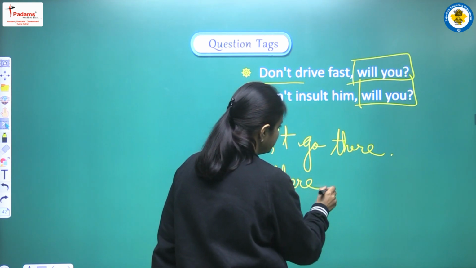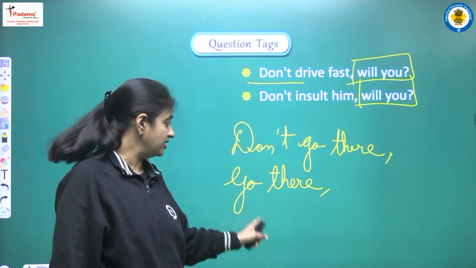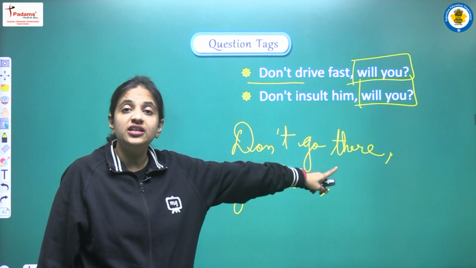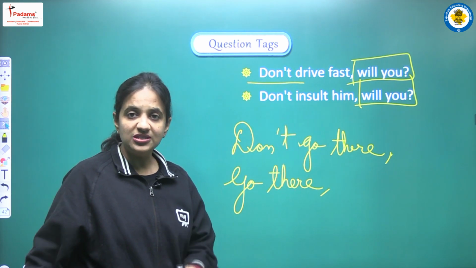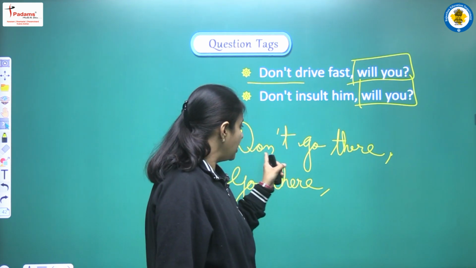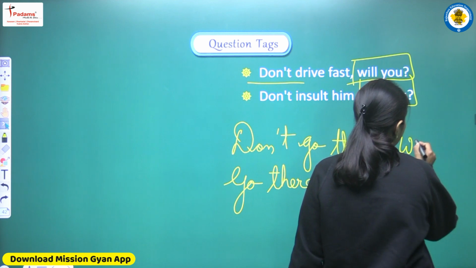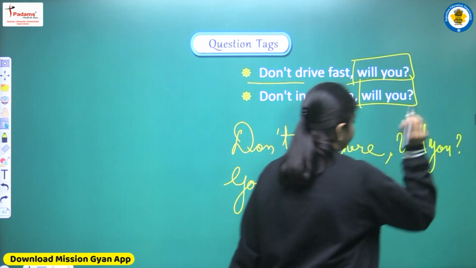So I hope this is clear to you all that these two sentences are imperative sentences. Go there is a positive imperative sentence, and don't go there is a negative imperative sentence. Now according to the rules we have discussed, if we have a negative imperative sentence, then the question tag will be positive only. It means here the question tag will be will you.